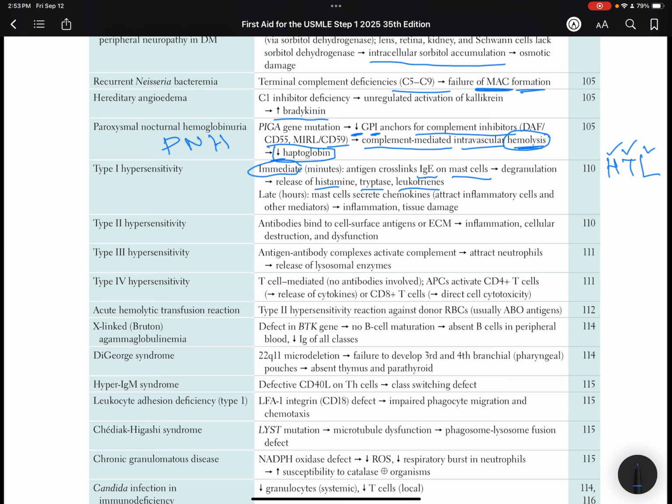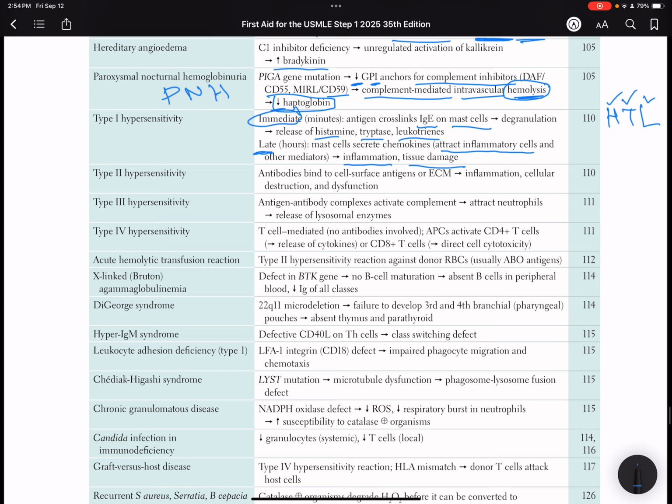This is immediate reaction. Type 1 hypersensitivity late, which you will see in hours, is due to mast cells that secrete chemokines and they attract inflammatory cells and other mediators. This leads to inflammation, tissue damage.